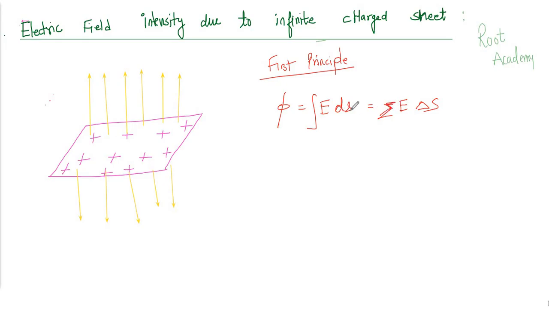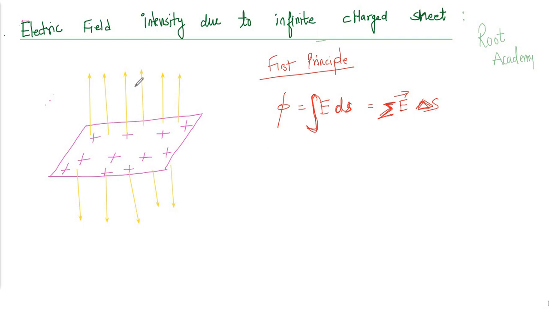Whenever we take ds in definition, we use integration. Always remember, if we take del S, then we use sigma. So flux is nothing but the product of E, electric field intensity, and the surface area over which flux is measured.